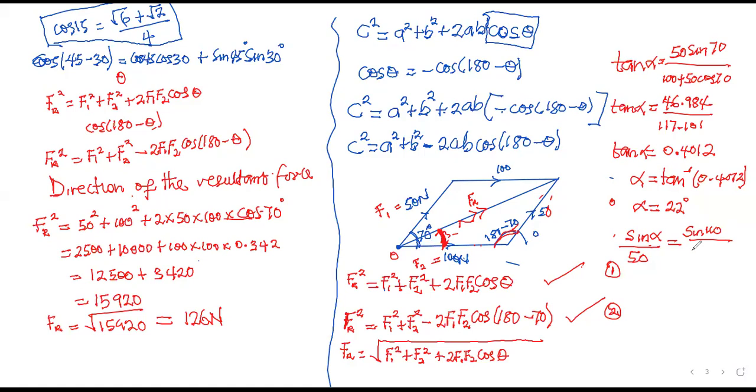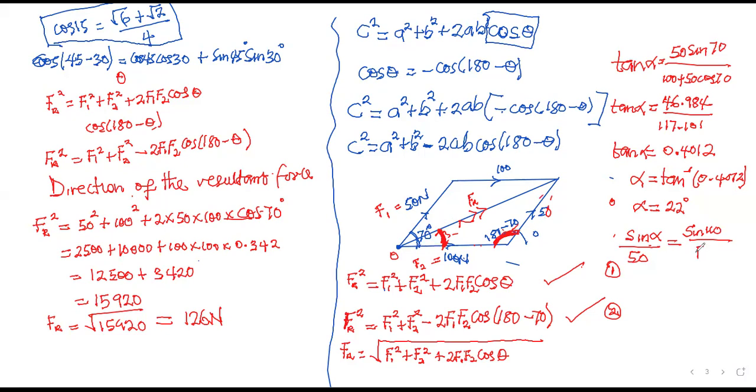Class, what's the vector opposite to this angle? Pardon? 50. I need to speak up. I said 50. Look at this angle and the side of the triangle which is opposite to it. That's the resultant force.